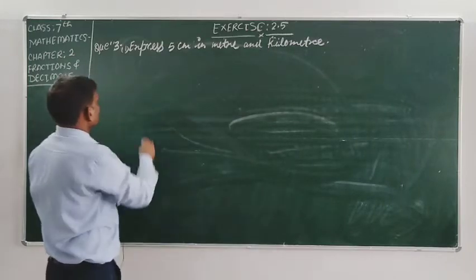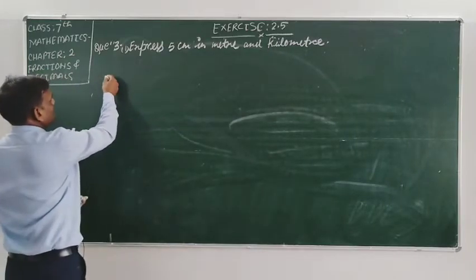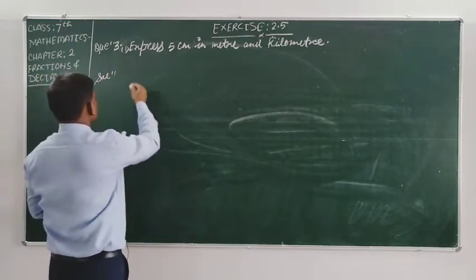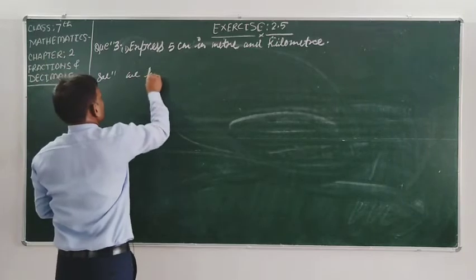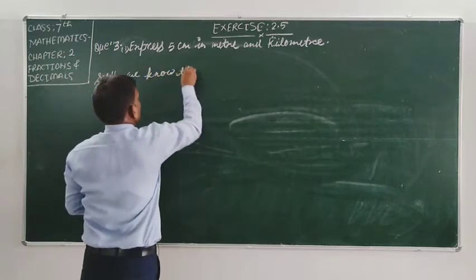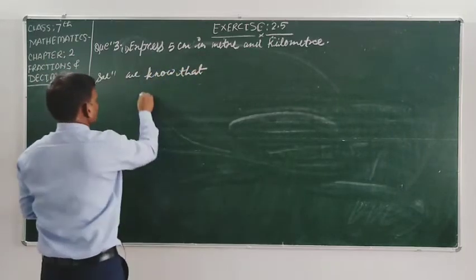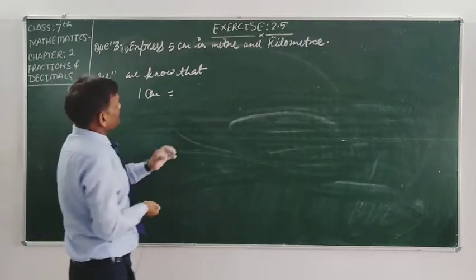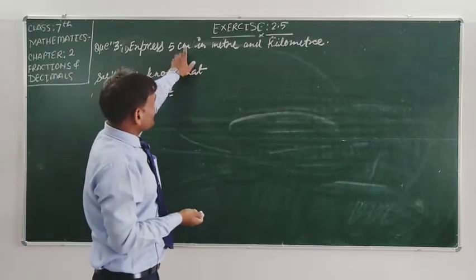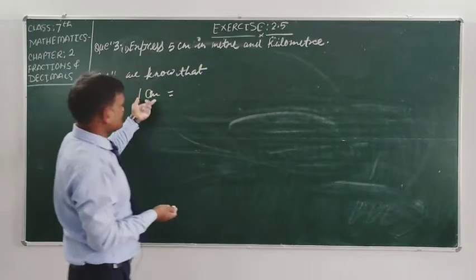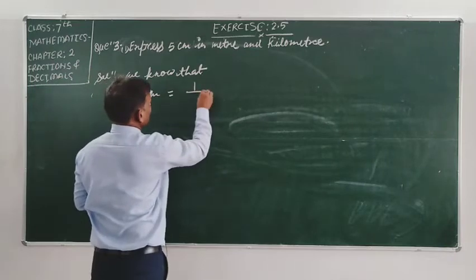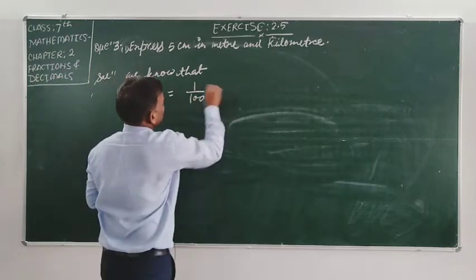So student, if we talk about the solution of this question, we know that 1 centimeter is equal to, we require to convert centimeter into meter. So firstly we take the centimeter. 1 centimeter is equal to 1 upon 100 meter.